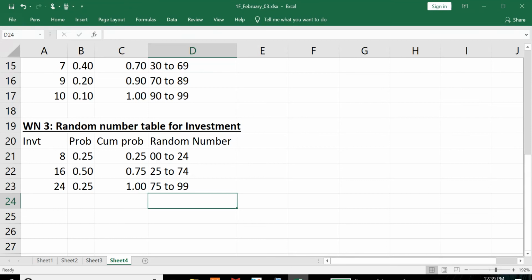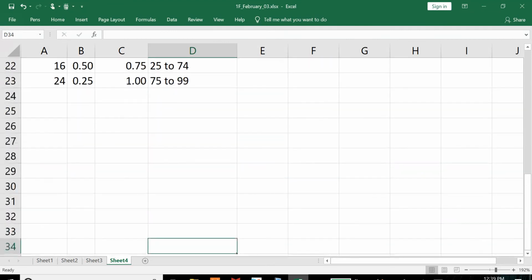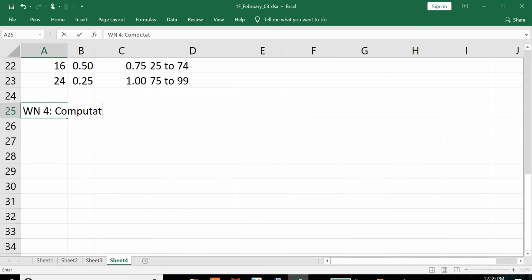Okay. Now we will start computing NPV. Next, the working note for computation of NPV. You may need some 10-11 columns. Manage space properly.